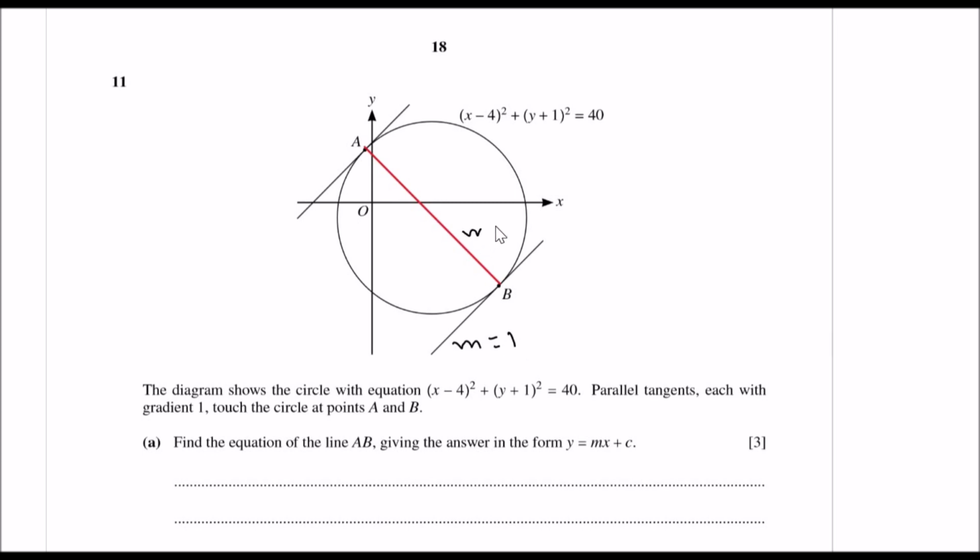That means m for this is minus 1. And we can find the center point here, because the equation is given, that means we can write the center, that is 4 and minus 1. Okay, this is the center. Now we have 1 point and the gradient, so we can find the equation of AB. So let us find.